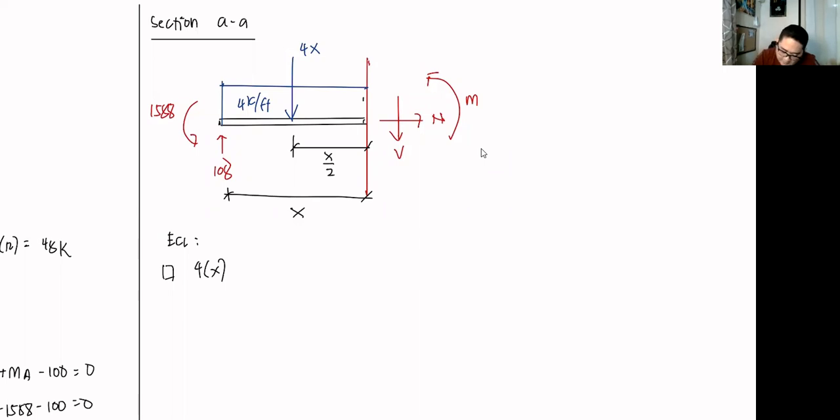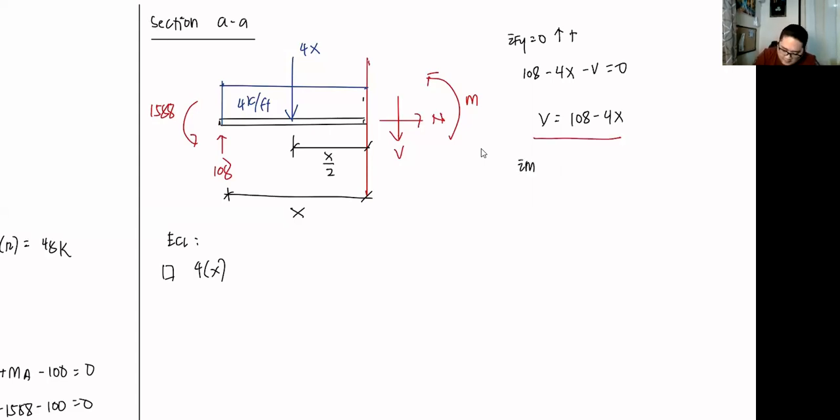So, pwede dito i-disregard na natin si normal force, no? Hindi na natin sasama si normal force. So, summation of Fy tayo is equals to 0, taking upward as positive. So, that will be 108 minus 4x minus V is equals to 0. So, yung formula natin will be V is equals to 108 minus 4x. So, ito yung formula natin for shear.